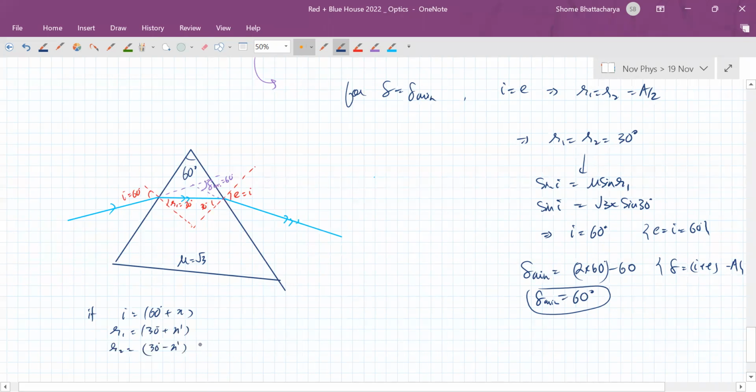So the angle of emergence will tend to decrease. But the overall deviation will increase.